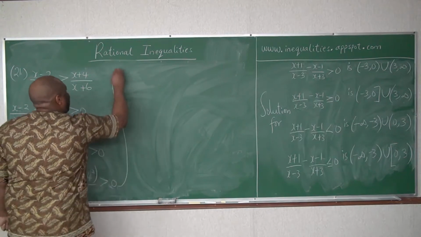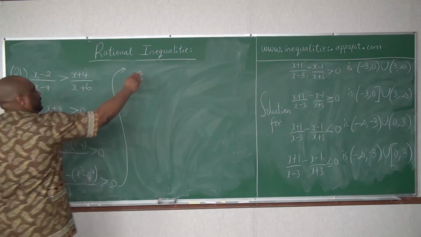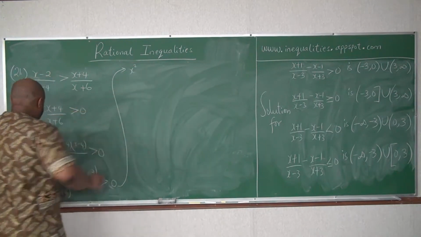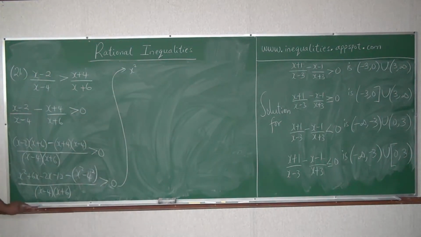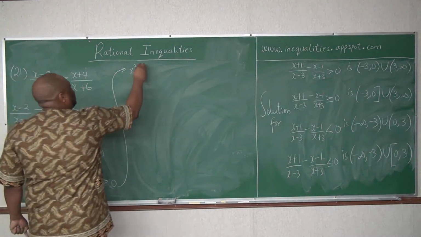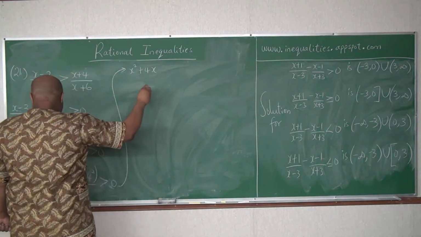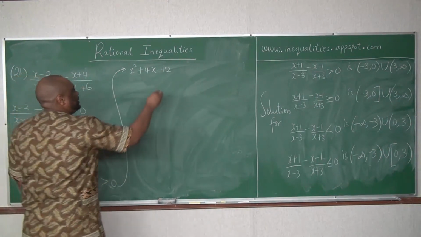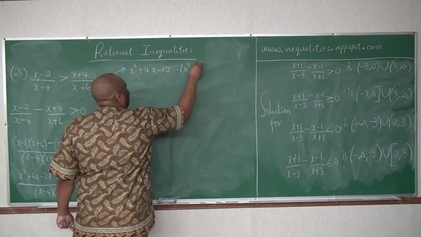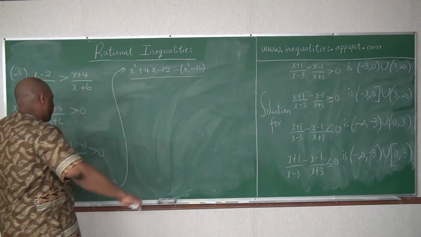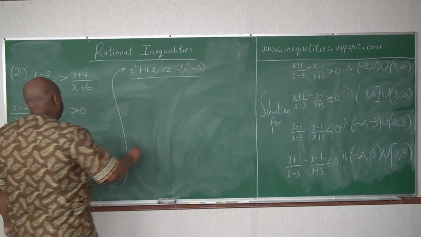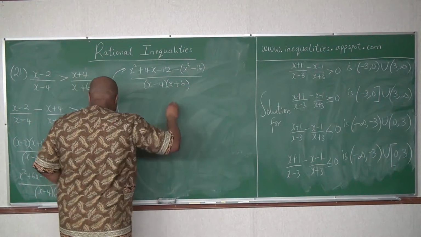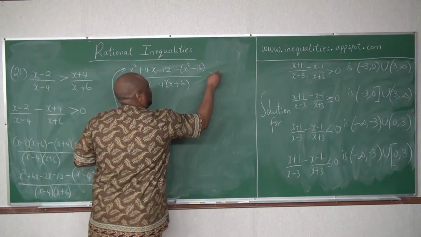So from here we have x squared, 6x minus 2x is plus 4x, minus 12. Then minus (x squared minus 16) all over (x minus 4) times (x plus 6) greater than 0.